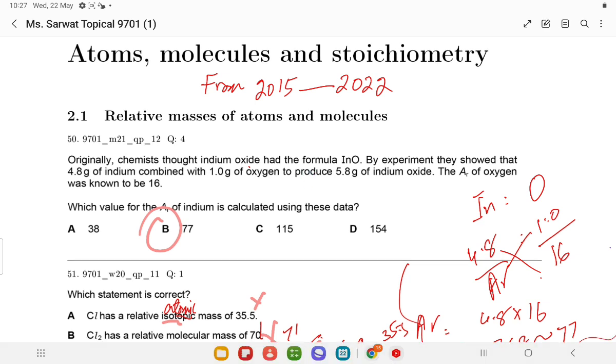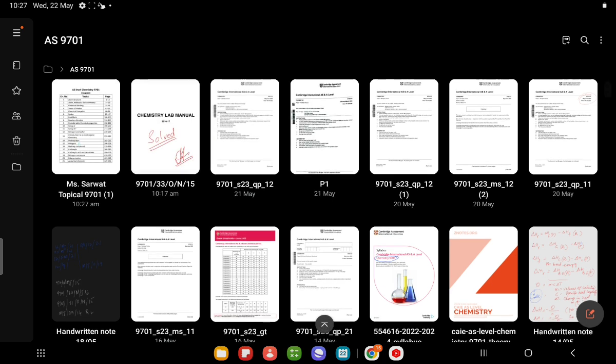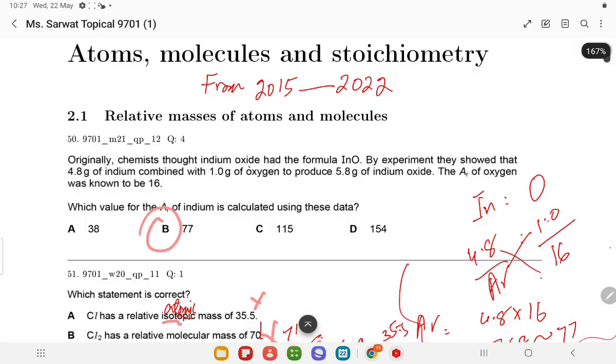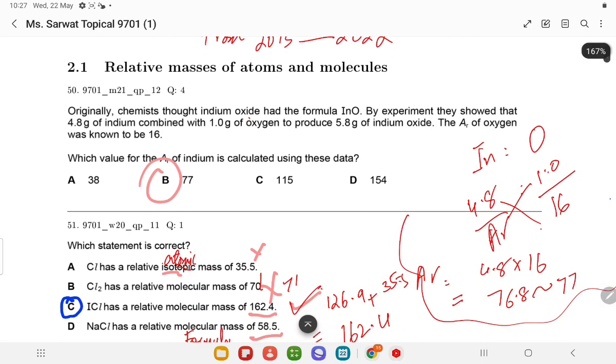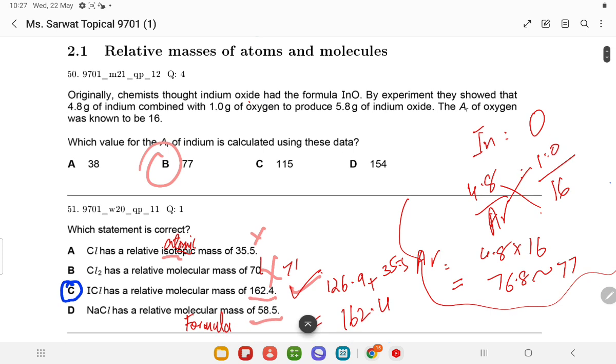First question. This is a question on relative masses of atoms and molecules, 2.1 unit. This is question number 4 of March 21, question paper 1-2.